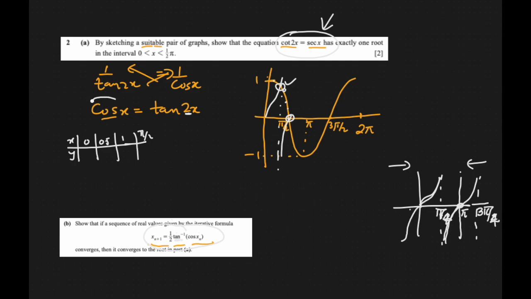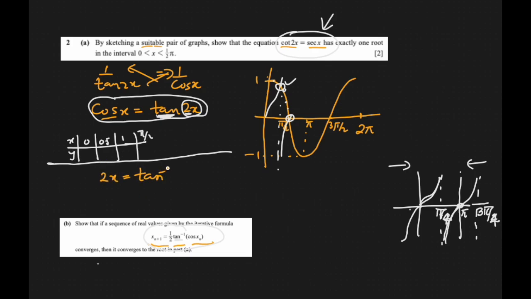So I will use this particular equation which I converted, and I will select this 2x, because that will give me tan inverse. So what will I do? I'll write, let me start here only, 2x equal to tan inverse cos x.